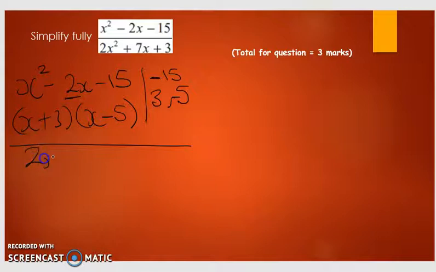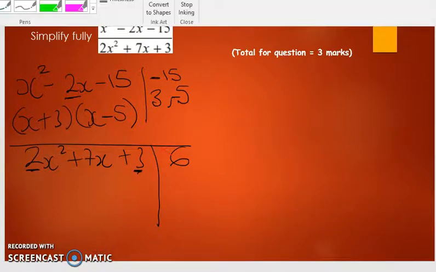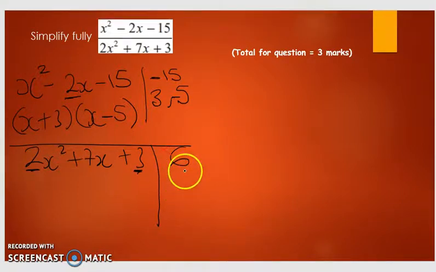So we have 2x squared plus 7x plus 3. Again, same scenario. A times c is 2 times 3, which is 6. So we're looking for two numbers that would multiply to give us 6, but then add to give us 7. So what two numbers come to your mind? 1 and 6.